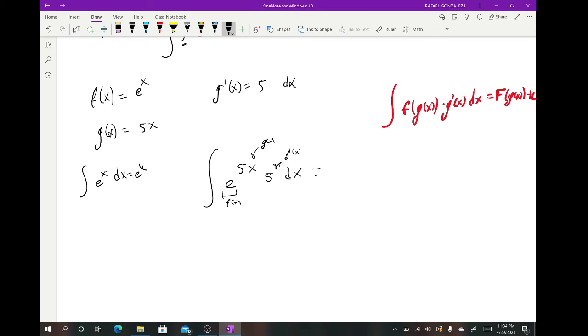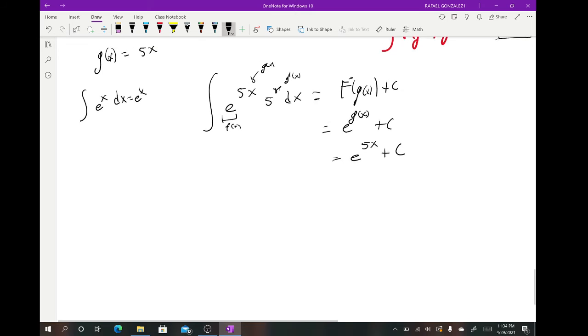I have that this is equal to the antiderivative of f, which is e to the x, evaluated at g of x, but g of x is 5x, plus c, and that's my solution. Again, I'm doing what I did here. I did f evaluated at g of x plus c. F was e to the x, so it's evaluated at g of x, which is e to the 5x plus c. If you take the derivative of this, you'll get back the same problem.